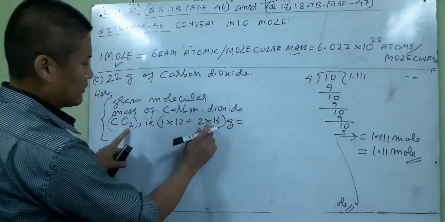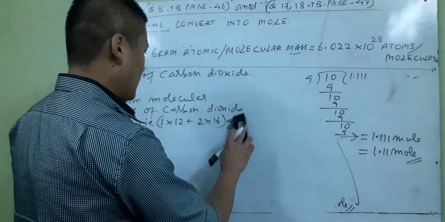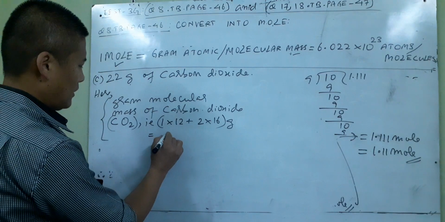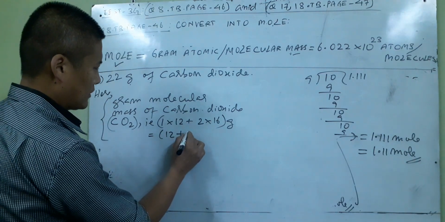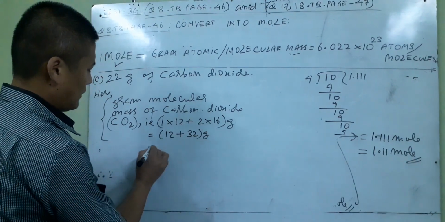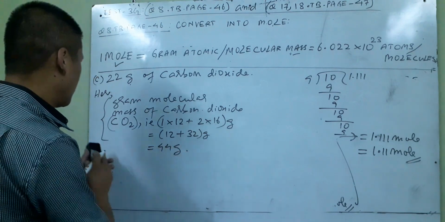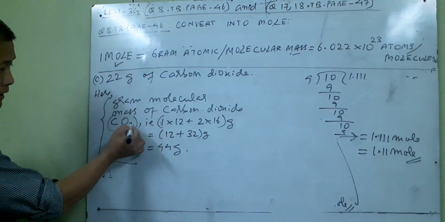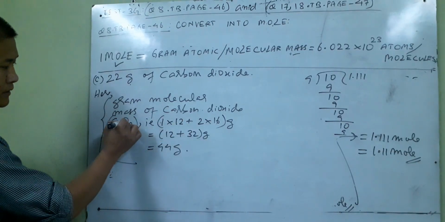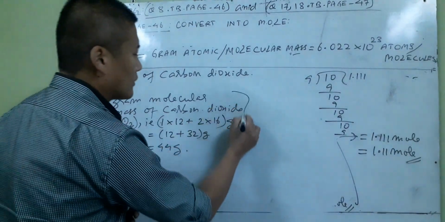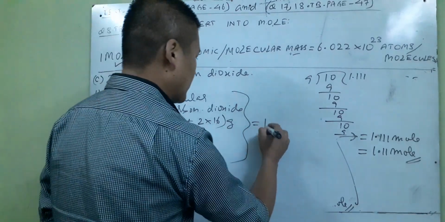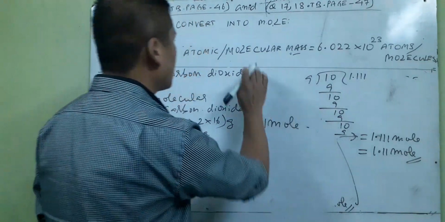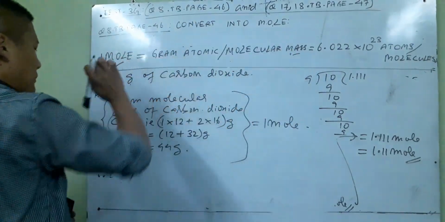This much is equal to 16 twos are, so we can just proceed down here. That is 12 plus 16 twos are 32. So that is equal to 44 gram, the gram molecular mass of carbon dioxide. Okay, here 1 carbon, 2 into 16 oxygen, because oxygen is 16. So this 44 gram of carbon dioxide is always making 1 mole, because gram mass always equal to 1 mole.